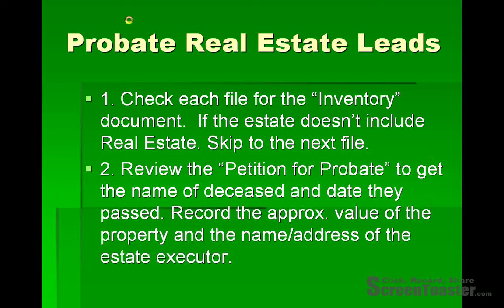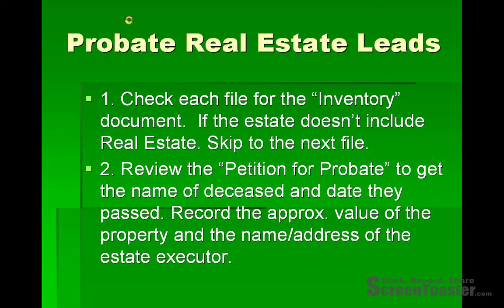Step two, you want to review the petition for probate. That's typically towards the back of the stack of papers. You want to basically take down the date of the passing away of that particular individual, the date of death. You also want to take down the name of that individual.